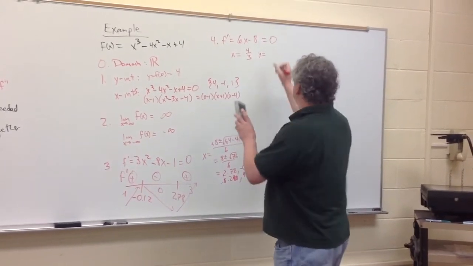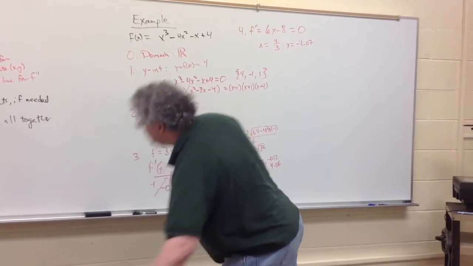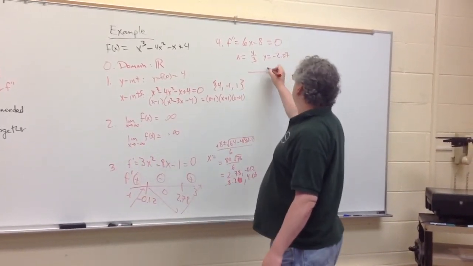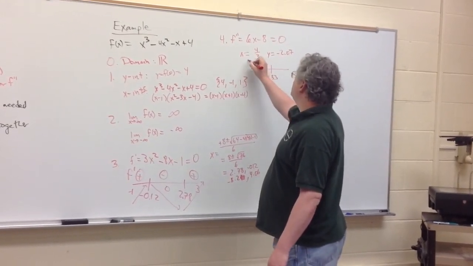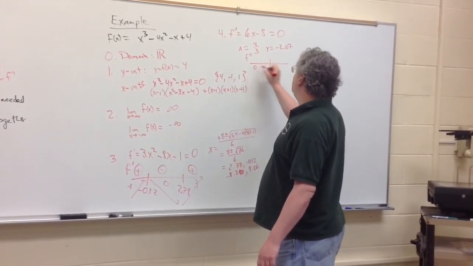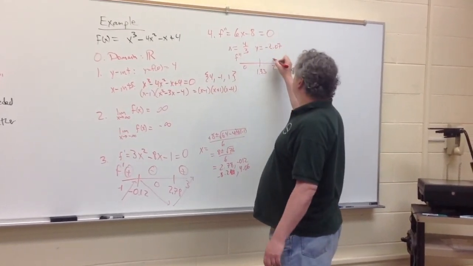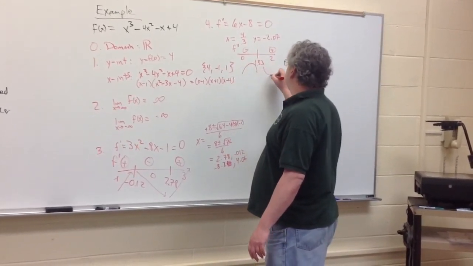And we get minus 2.07. We're going to need to make a number line for the second derivative. 4/3 is about 1.33. So for f double prime, I need something over here, something over here. If I put 2 into the second derivative, I get positive. If I put a 0 in, I get negative. So the graph looks like this.